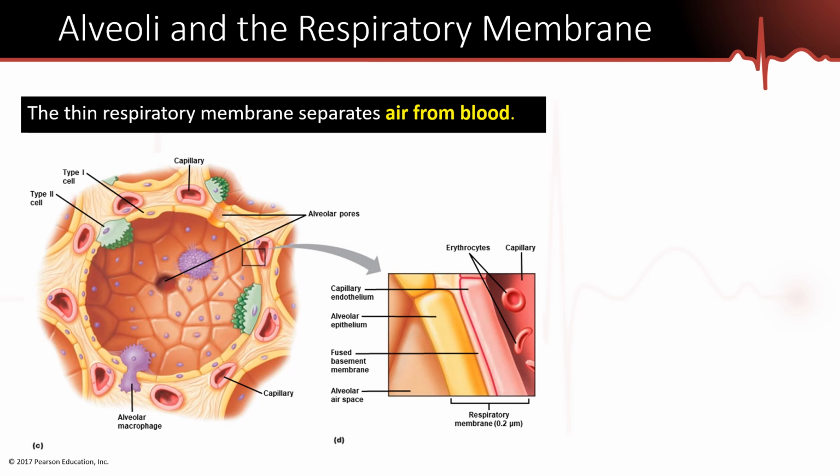I spent so much time talking about the importance of the type 2 alveolar cells that I think I neglected telling you the importance of the type 1 alveolar cells. So the type 1 alveolar cells, depicted in yellow, right, the most common type of alveolar cell that there is, they're what really form the alveoli. I mean, they are what structurally make up these sacs, right? The alveoli themselves are formed by the type 1 alveolar cells.